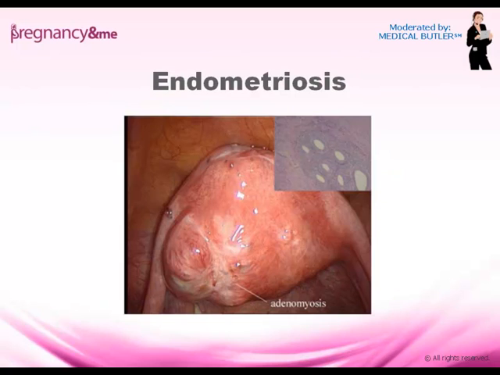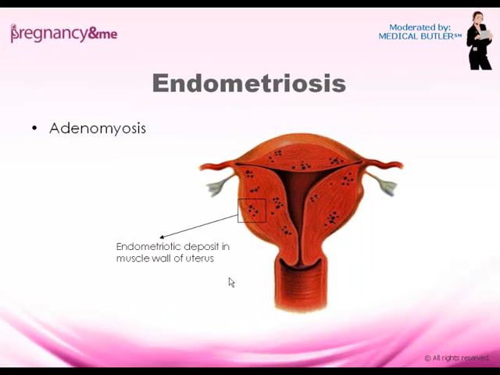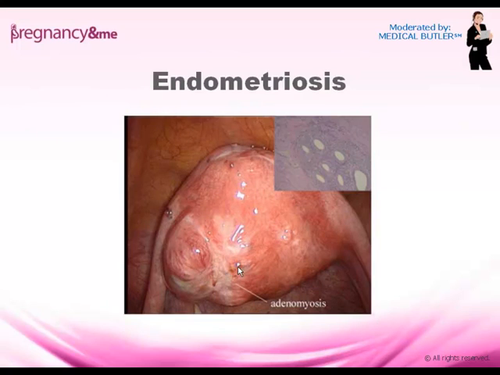This is a picture taken at the time of laparoscopy, or keyhole surgery, showing a uterus that is quite thick. It is globular in shape. It's filled with adenomyosis. And you can also see superficial lesions of endometriosis on the surface of the uterus.